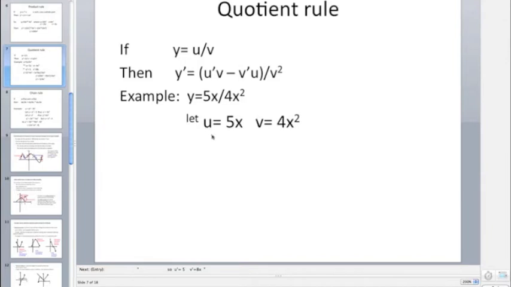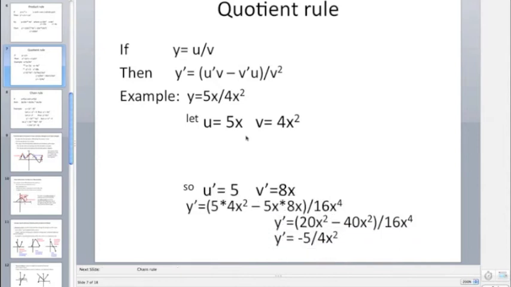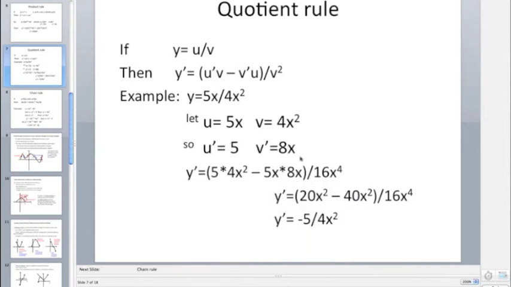So what we need to do is just find u dash and v dash, which you get like this, and then finally you substitute u dash and v dash into this formula, the quotient rule. Finally you can get the answer y dash equals minus 5 divided by 4x squared. So that's the quotient rule and the example. Okay, let's move to another rule.